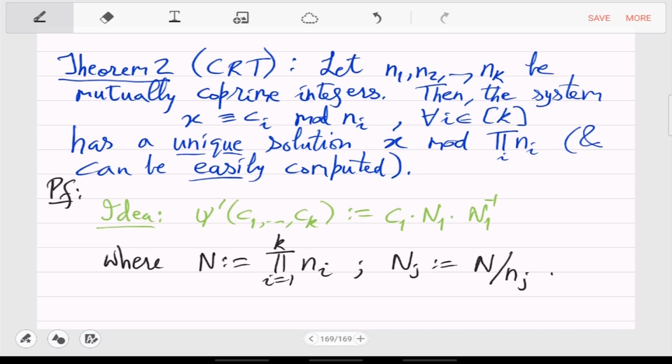So I divide by small n sub j. If you are confused, think of the case k equal to 2. There you had only small n1 and small n2. So for j equal to 1, we actually used small n2, and for j equal to 2, we use small n1, right? So this definition is consistent with that, and that's what we will write here.